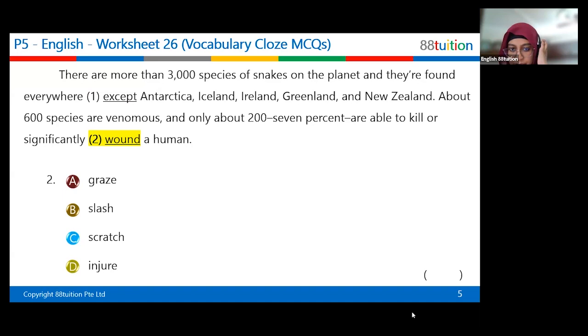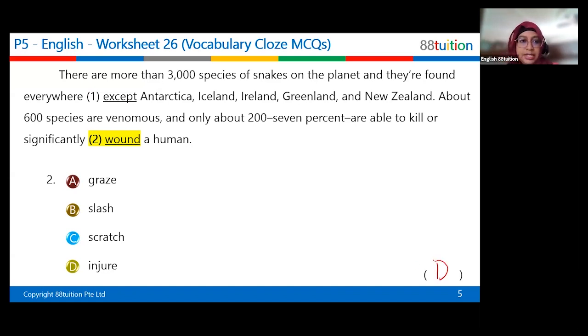You're going to read question number 2, starting from about 600. About 600 species are venomous, and only about 200 are able to kill or significantly injure a human. So basically, yes, you got the answer: significantly injure a human. Well done.